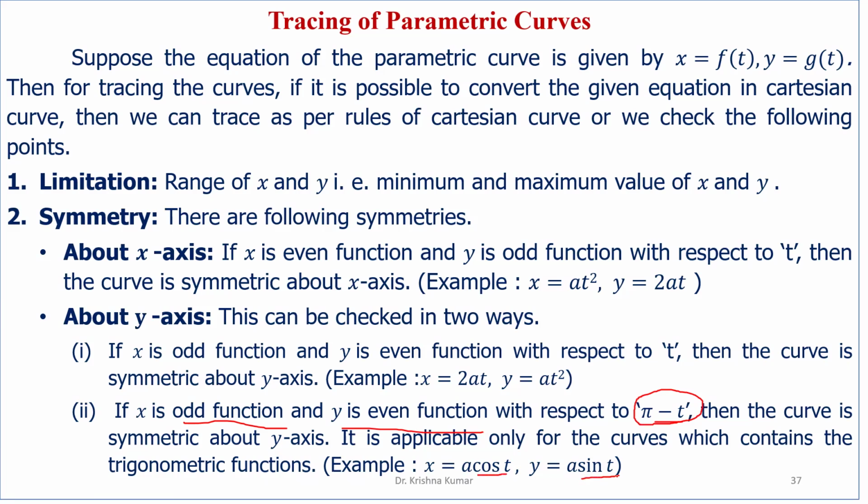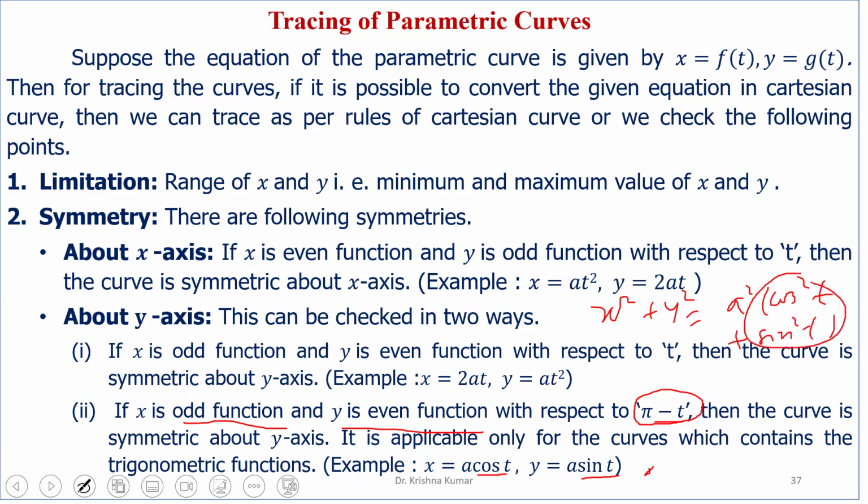This is the equation of a circle, because if we square and add them, we get x square plus y square equal to a square times cos square t plus sin square t, which is 1. So x square plus y square equal to a square, the equation of a circle.